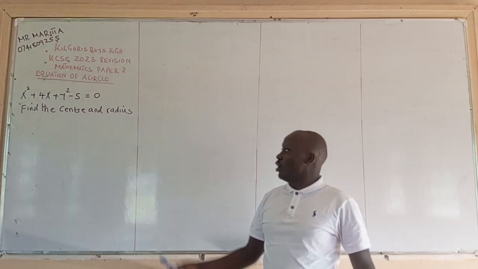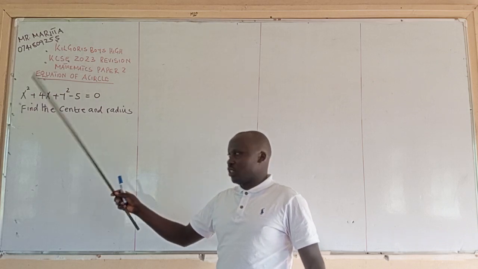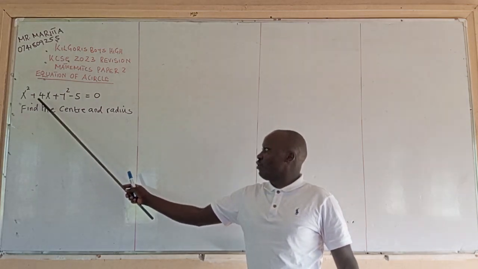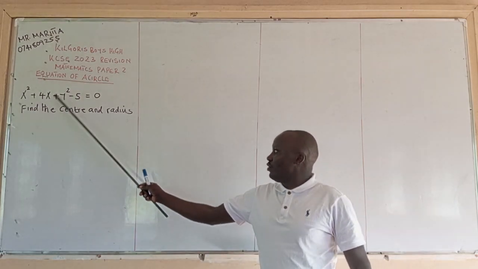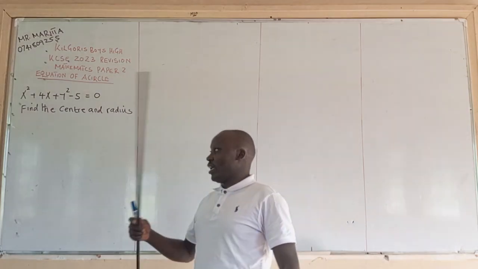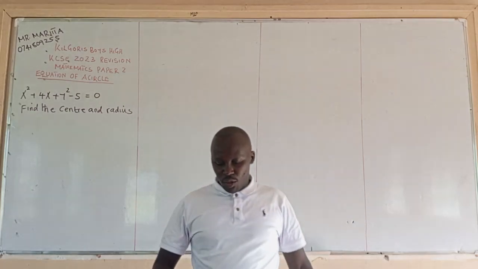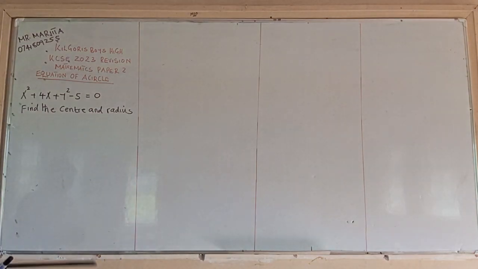The coefficient of x squared is 1, the coefficient of x is 4, and the coefficient of y squared is 1. So what is missing is the y. How can you find the center and the radius of this circle?